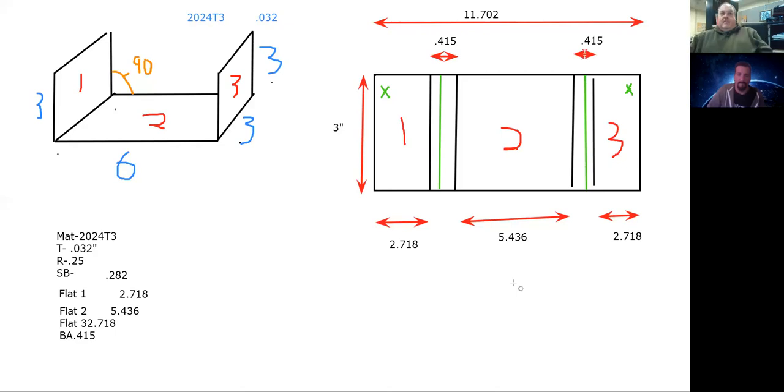Now notice those sight lines are not exactly halfway in our bend allowance. Right. Our bend allowance is this area right here. The sight line is not quite halfway. Actually, I drew it wrong. I'm going to make this more realistic.